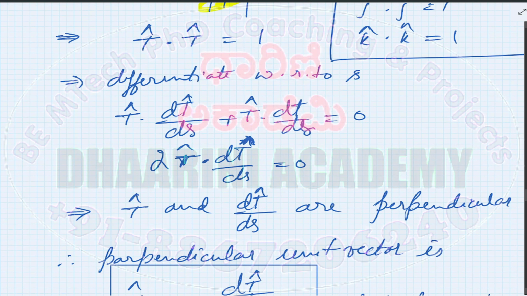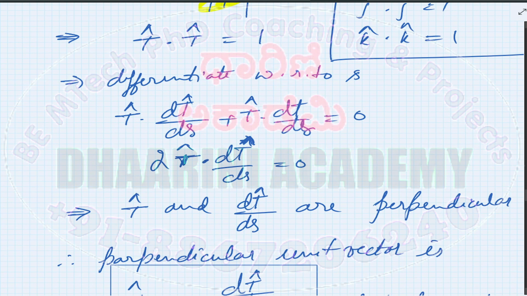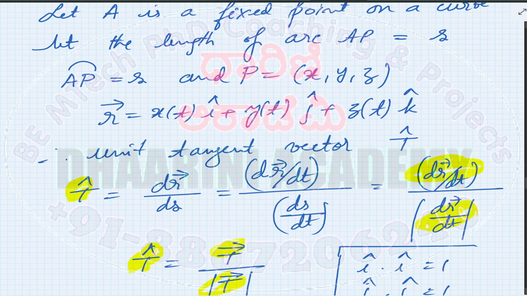So how do you find this? I need to calculate dT by ds. This function dT by ds is nothing but the differentiation of this T cap. You can see here, dT cap by dt divided by dr by dt.